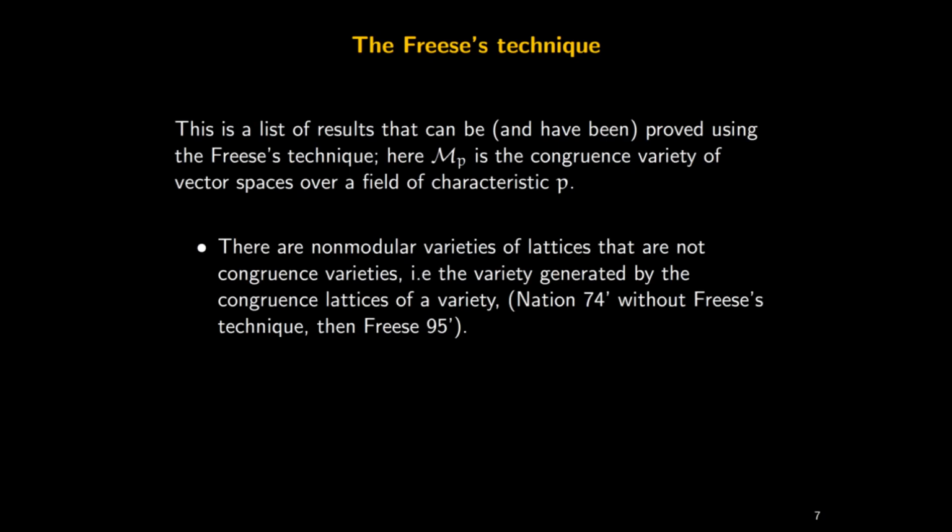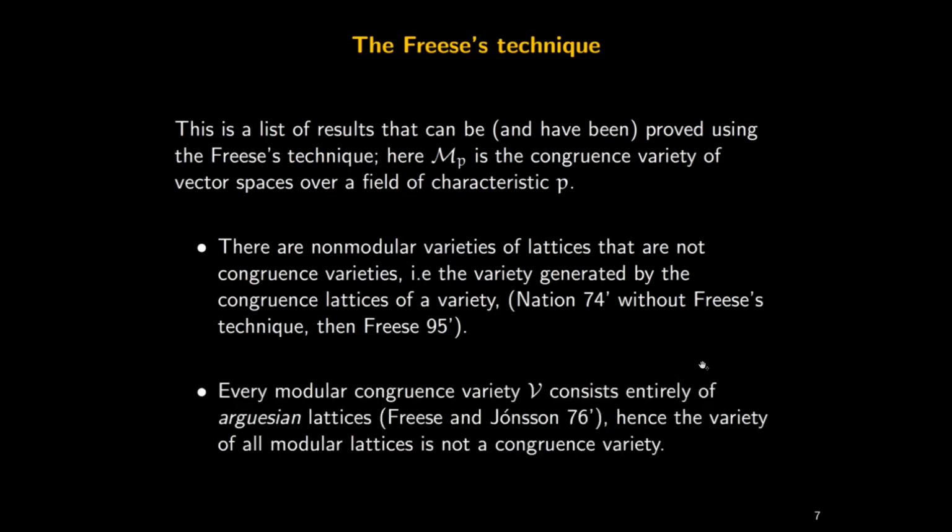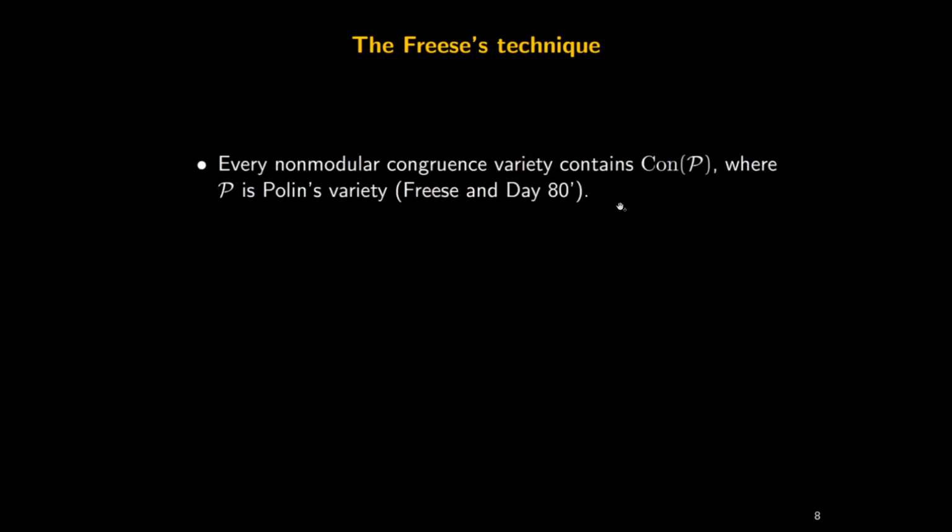I will show an example of it as a toy example for the technique that we will use. Another result, still by Freese and also Bjarni Jónsson: every modular congruence variety consists entirely of Arguesian lattices. And there are also many others.